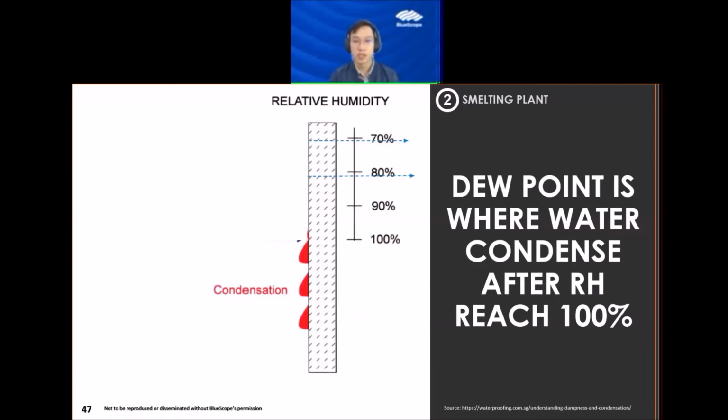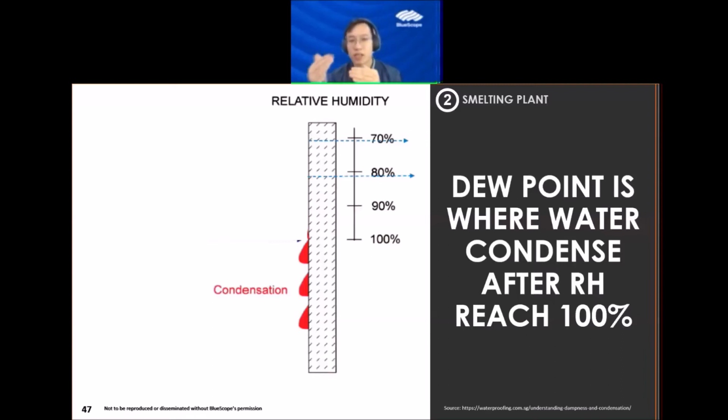So first, humidity. The relative humidity, normally we call it RH. If you have a so-called relative humidity gauge, then you will know what is the relative humidity of your room, right?